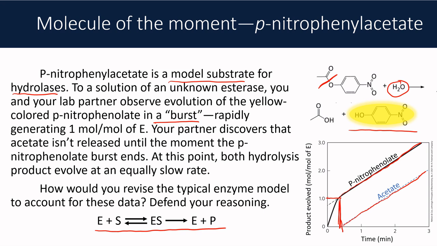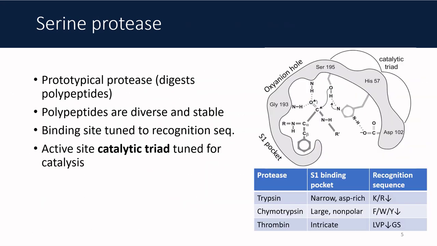So it's supposed to be challenging, it's supposed to be a little subjective, and I trust that you will rise to the challenge. The bulk of this lecture will concern how an enzyme performs chemical reactions, and the exemplar that biochemists love to study is the serine protease. It is a very typical hydrolase whose function is to digest or break apart polypeptides, and it does that by hydrolyzing the amide backbone.